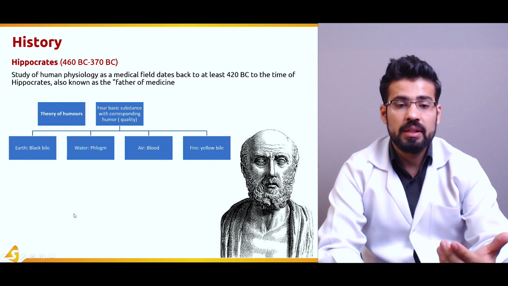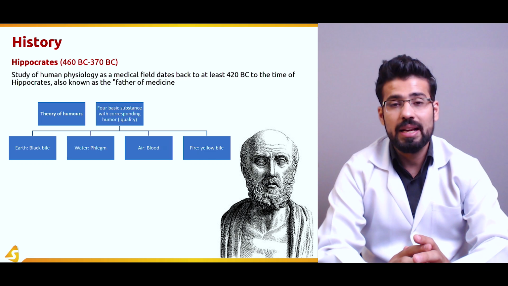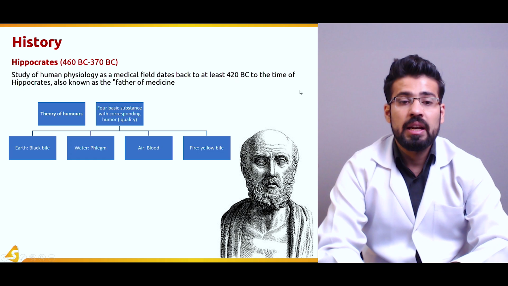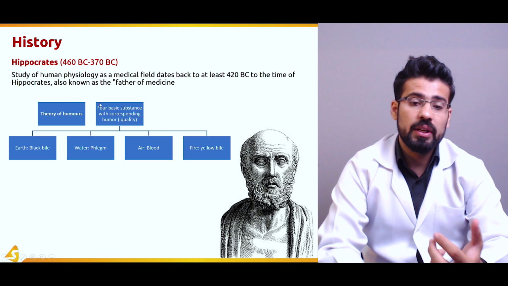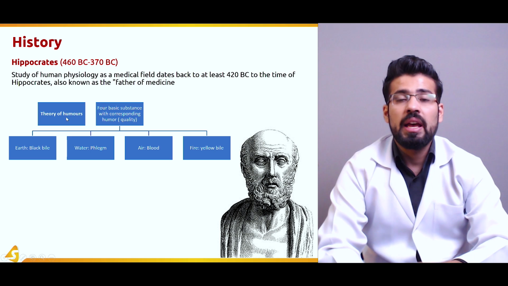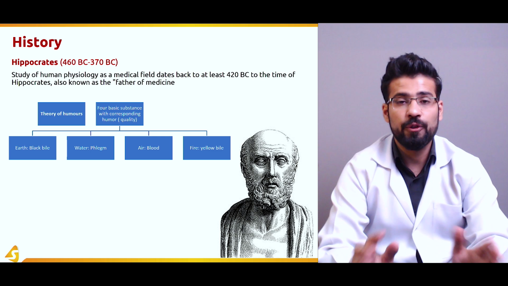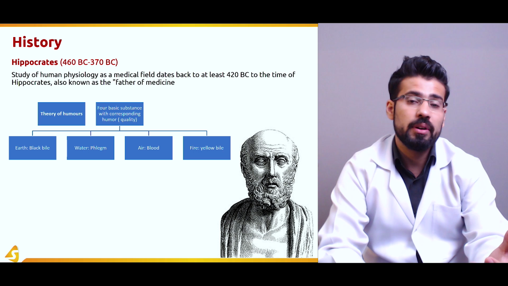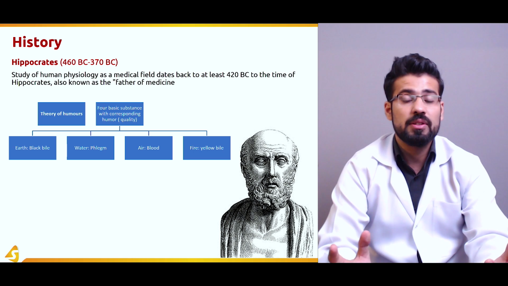Of course, it starts off with Hippocrates, who is known as the father of medicine. He started human physiology, and he discovered the humoral theory. In this theory, he discussed four basic substances with their corresponding humor, and that humor is not humor of love, it's the humor which basically represents the quality.